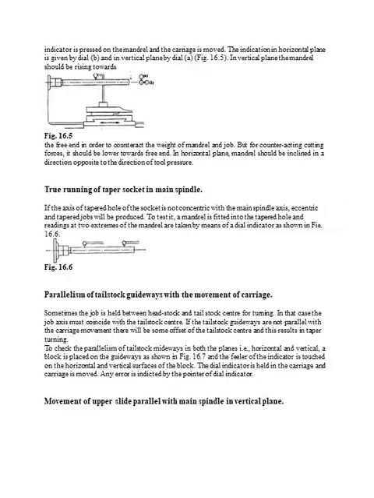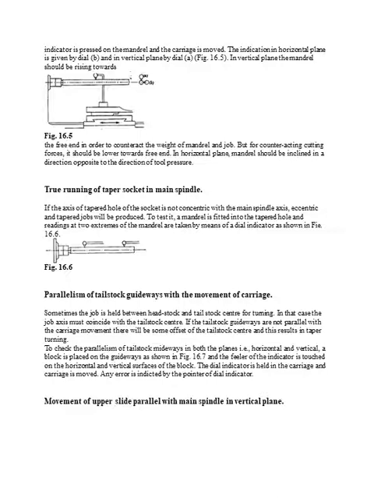Next is the parallelism figure, 16.5. The same attachment is there. Here the saddle is in position for the parallelism of the main spindle to the saddle movement. The same setup is used for movement of the upper slide parallel with the main spindle in the vertical plane.